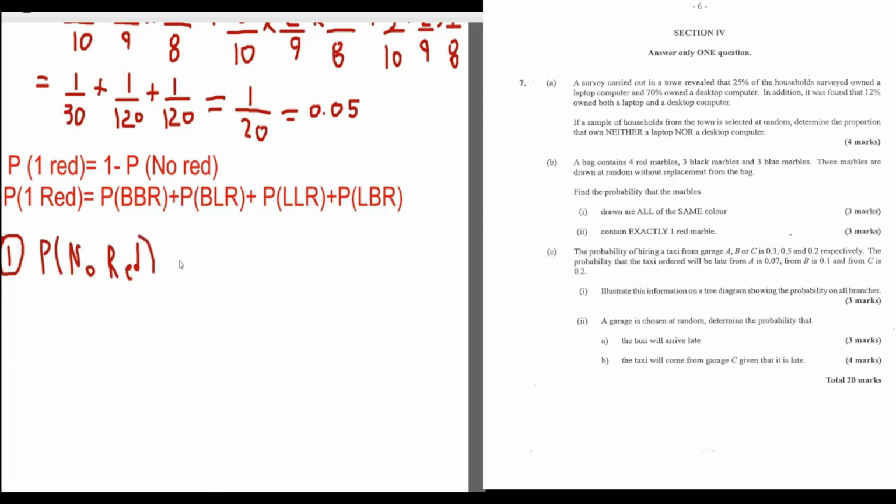To draw no red at all, you can either draw black, then black, then black, or you can draw black, then blue, then black, or black, then black, then blue, or blue, then black, then blue, or black, then blue, or blue, then black, then black. Let me see if I got all of them. With the 3 blacks, yes.